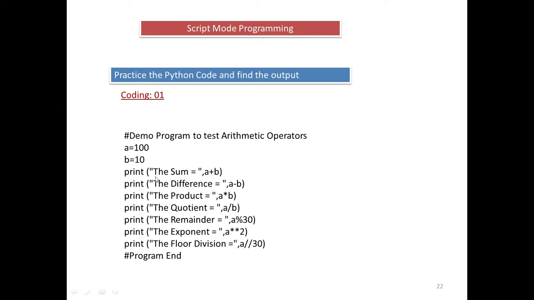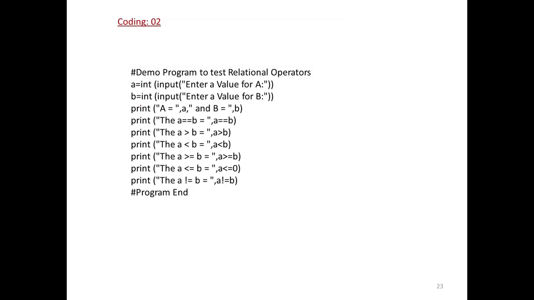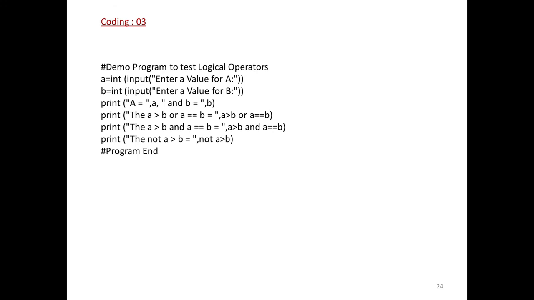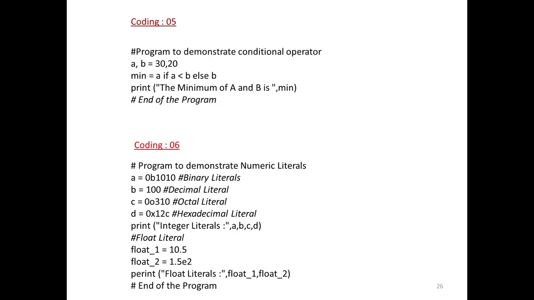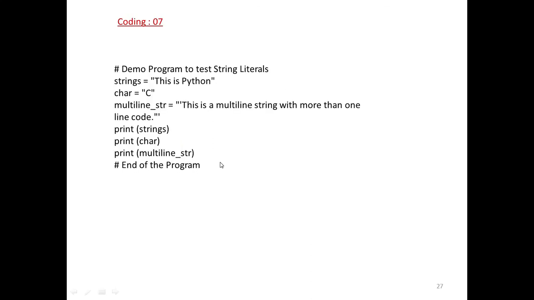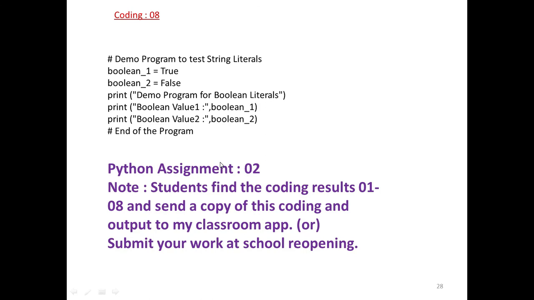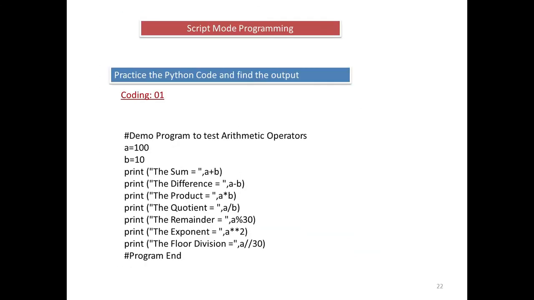Coding 1, coding 2, coding 3, coding 4, coding 5, coding 6, coding 7, coding 8. Once again, after completing this PowerPoint, you take your laptop and practice the script coding programming.